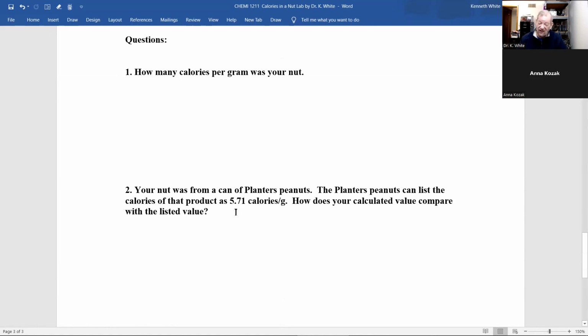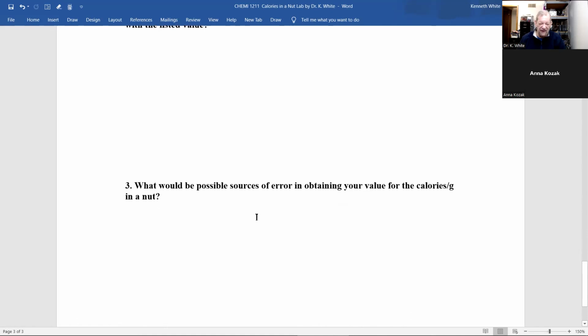And later on, same thing with corn chips, but they have a lot of oil and fat in them. Now, on the can of Planters peanuts, it says it's 5.71 calories per gram. And I asked you to compare it, and then what's your source?